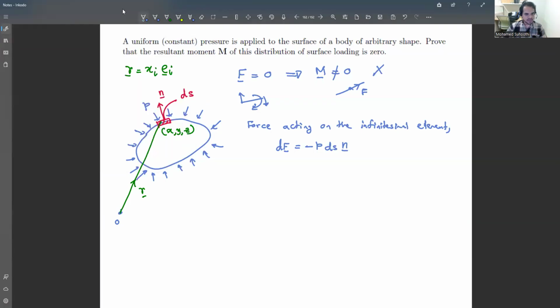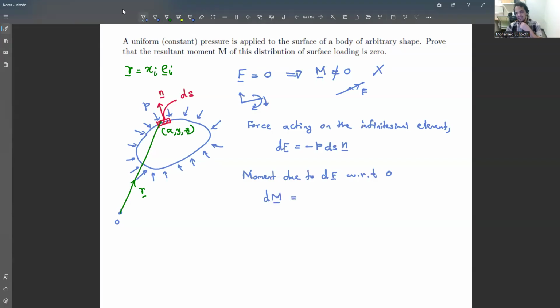Now let's see, I'm trying to calculate the moment due to this force, df, with respect to any arbitrary point. So I can find the small moment, dM.